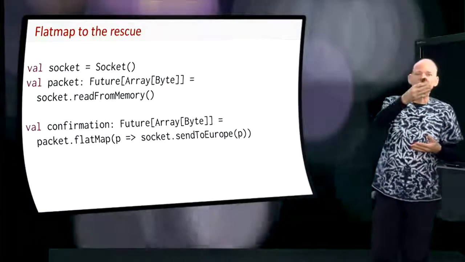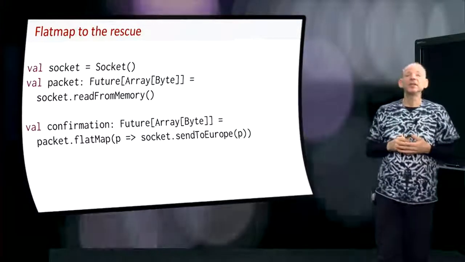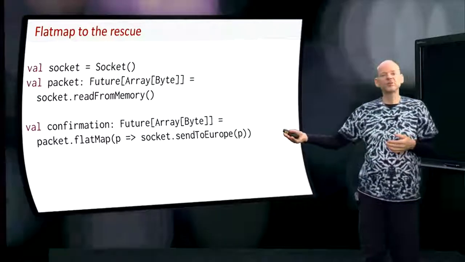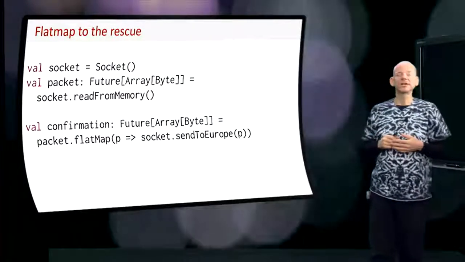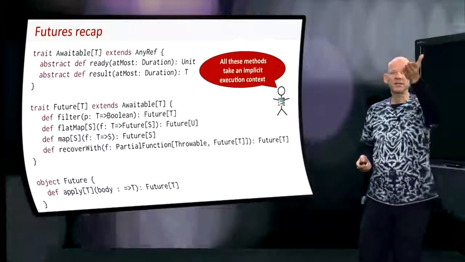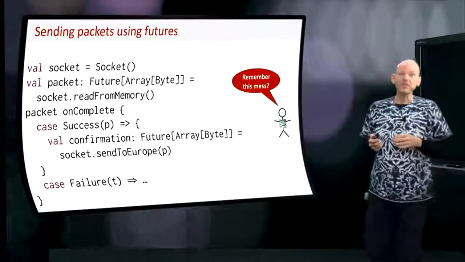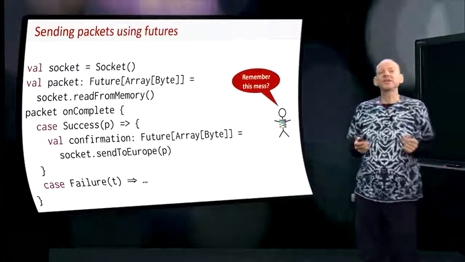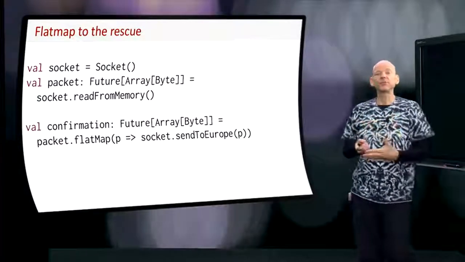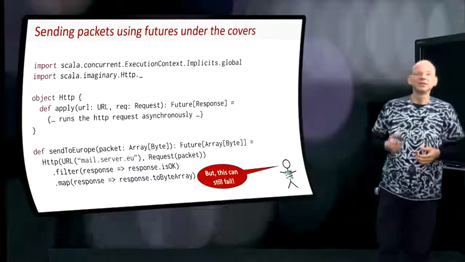So flat map will take a future of array of bytes and give us in that function, p is now of type array of bytes. And now we can send it to Europe, which would return a future of array of bytes. And the types of flat map will all work out. All right? So I'm pretty sure that you agree that this code looks messy and this code looks beautiful. So again, flat map comes to the rescue.